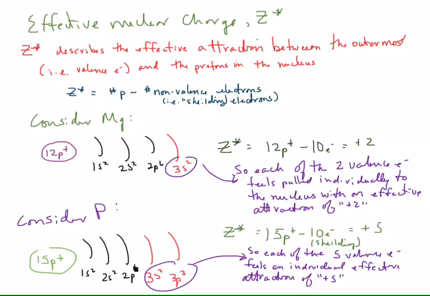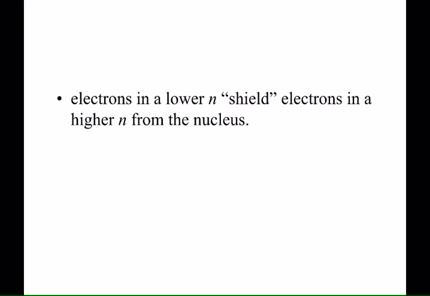So I hope this helps. That's kind of the way that works. So I have a slide here to kind of summarize that, I think. Okay, so what you saw a minute ago between the magnesium atom and the phosphorus atom is that those 10 electrons actually shielded the valence electrons from the positively charged nucleus.